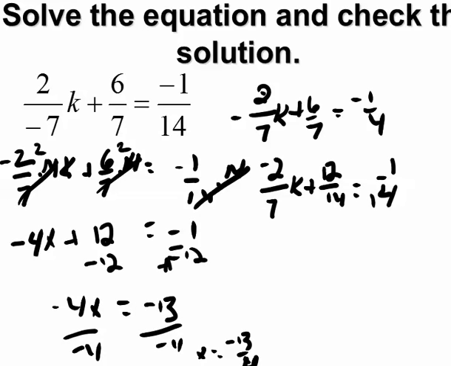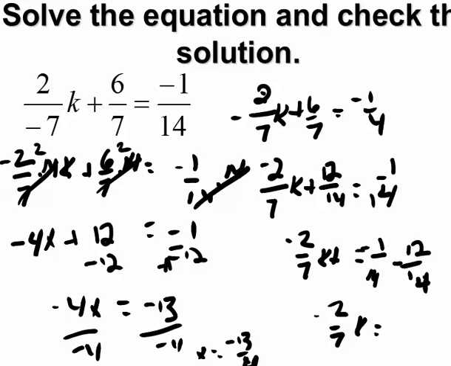So we're going to subtract 12/14, negative 2/7 k plus 12/14 minus 12/14 would be just negative 2/7 k, which is going to be negative 1/14 minus 12/14, which is negative 2/7 k is equal to negative 13/14. So we'd multiply times the reciprocal, and we would end up with negative 13/4.